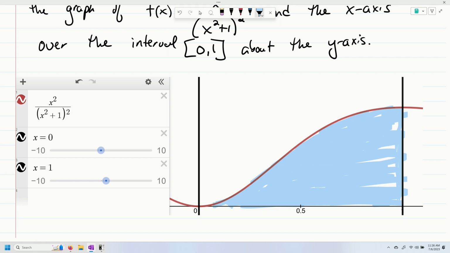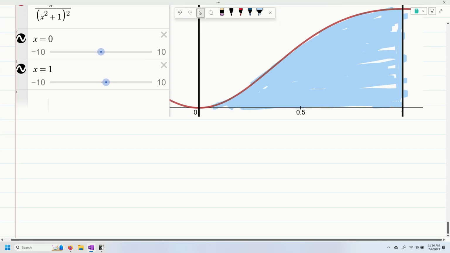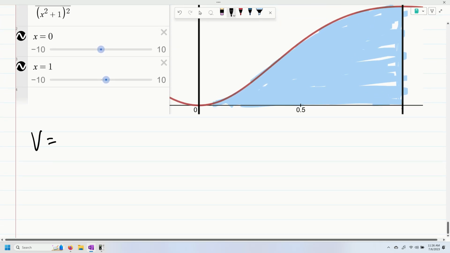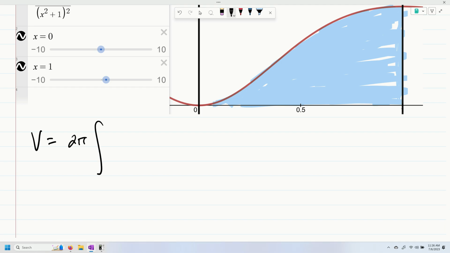All right, so remember, the volume is given by 2 pi from 0 to 1 of, now remember, it's going to be the radius and its height. So this is going to be x multiplied by x squared over the quantity x squared plus 1 to the second, dx.